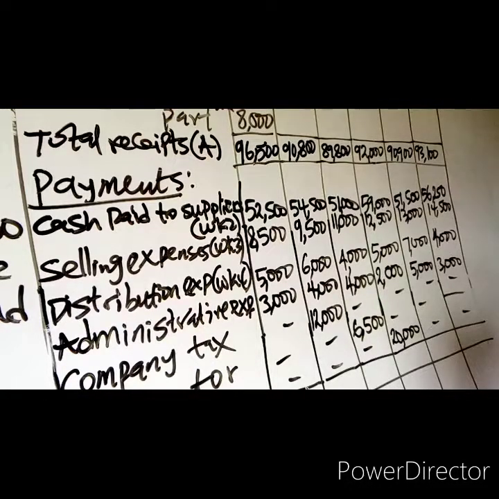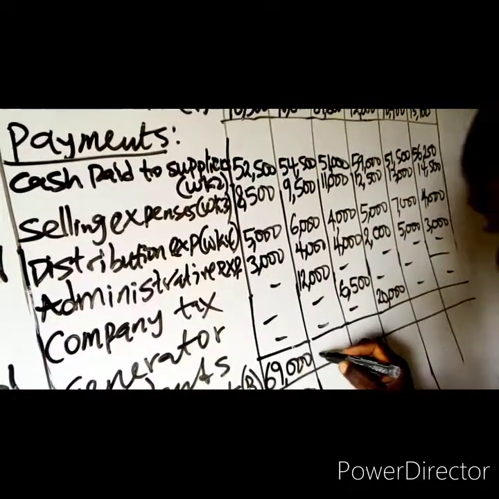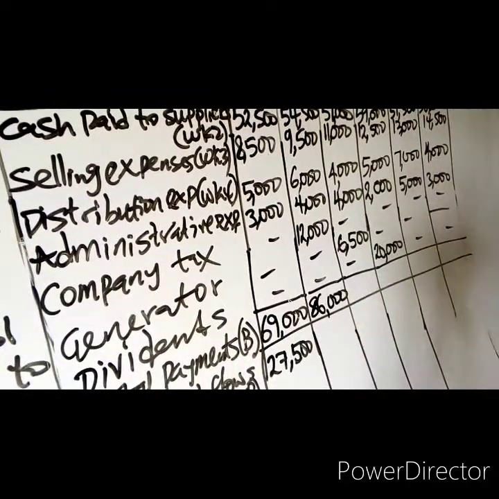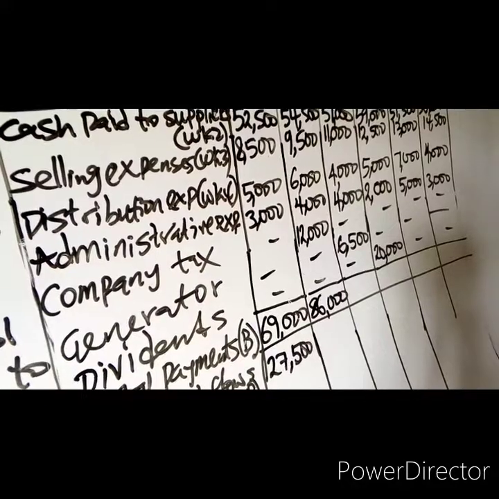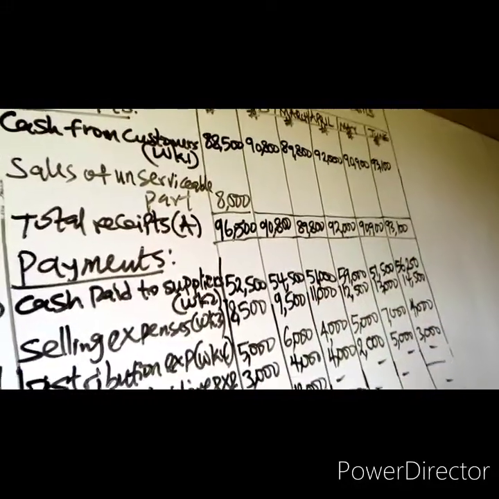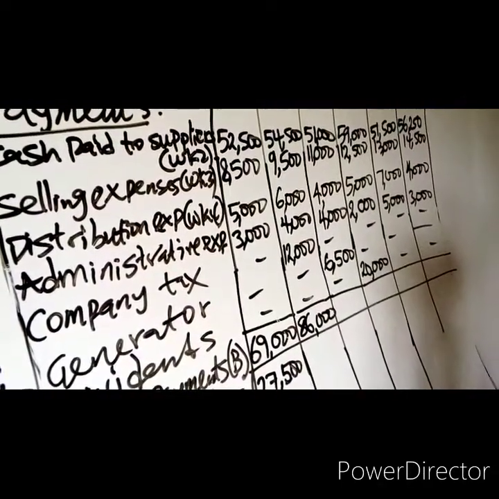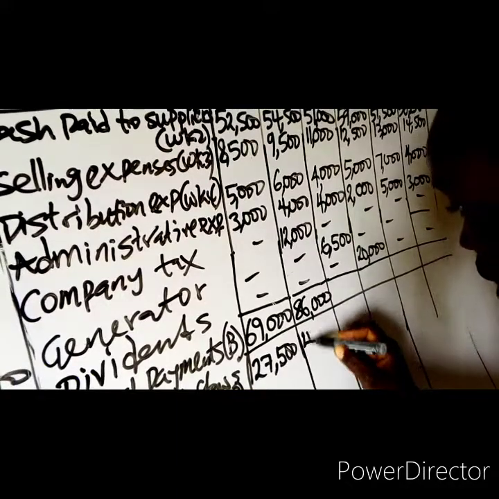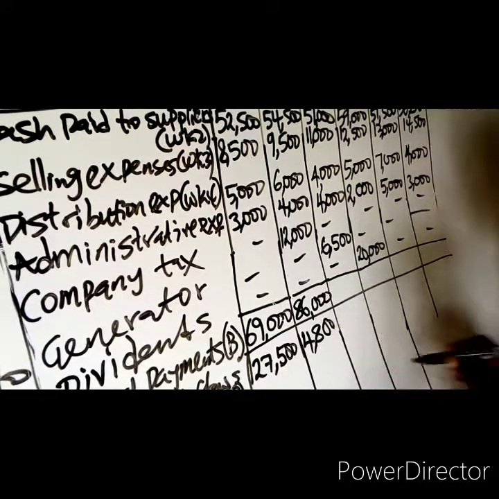Then the total payments is 86,000. The total payment for the month of February is 86,000. When you deduct the payments from the total receipts of 90,800, then you have the net cash flows of 4,800.